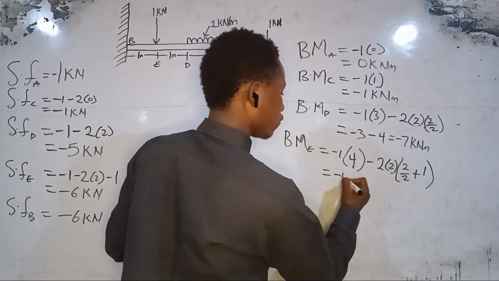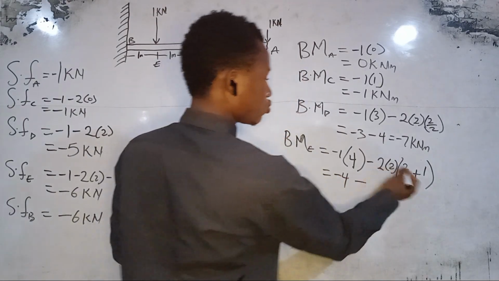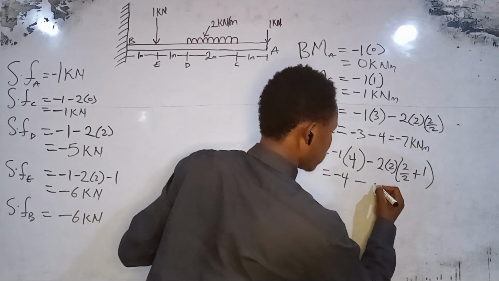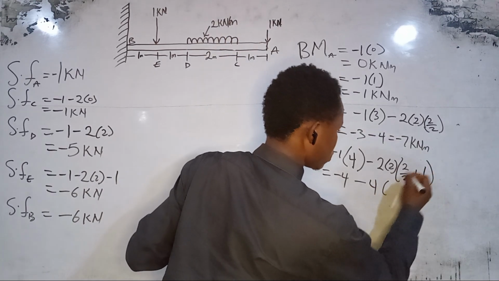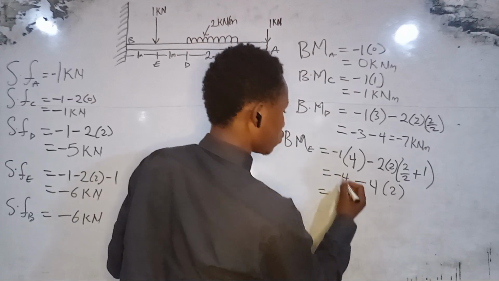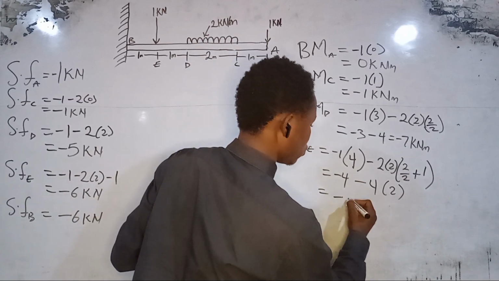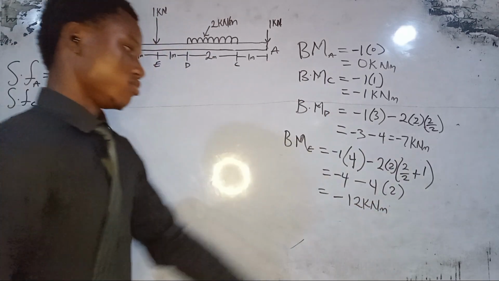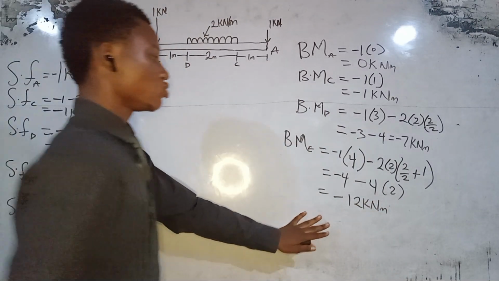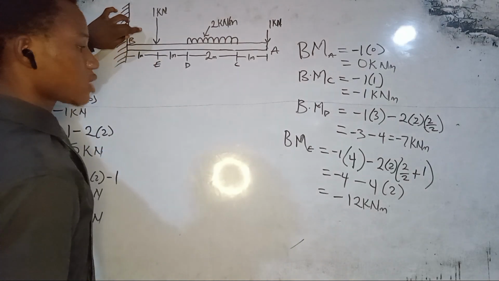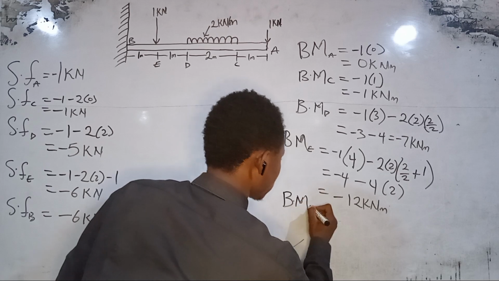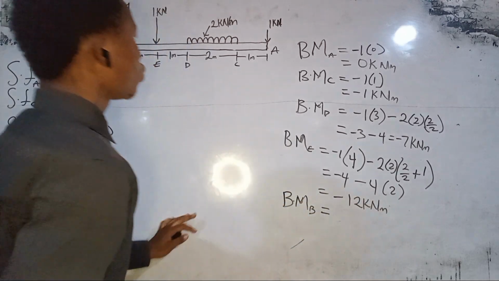Then we have minus 4 minus 2 times 2, 4. 4 times 2, we have minus 4 here, times 2, which is inside bracket, which will be equal to minus 4 minus 8, which is minus 12 kilonewton meter.